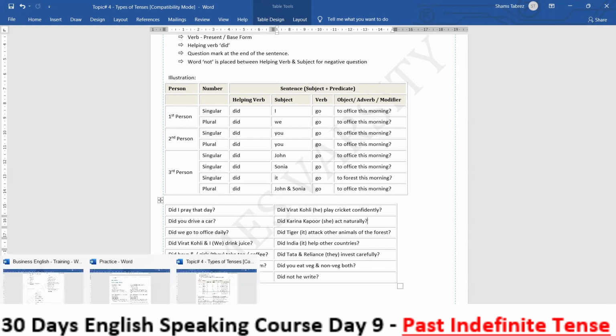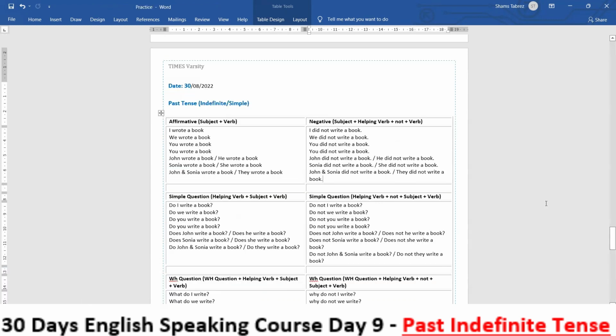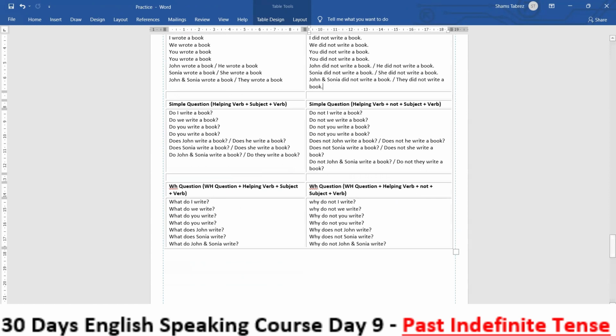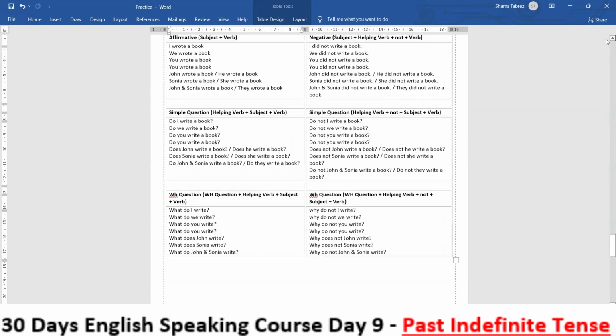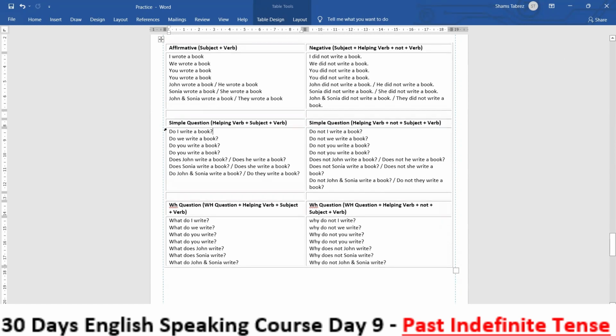So now let's make some practice. Sabi, it's your turn now to make this by using the verb write. Please make a simple question in past indefinite with did. Did I write a book?